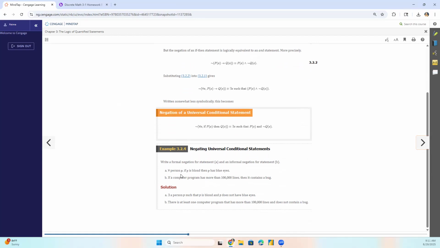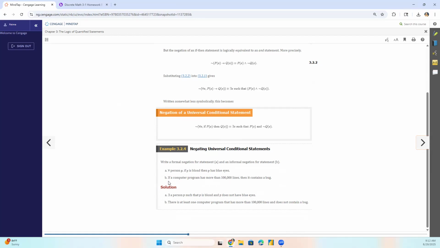Remember, for every person P is going to change with, there's at least a person P. So this upside down A is going to change with this weird looking E, that P is blonde, and we're going to change this with and, and we're going to negate this part, that doesn't have blue eyes. So this is how we're going to change it.